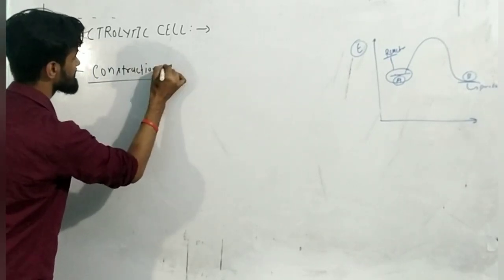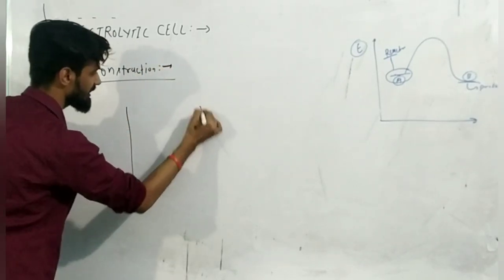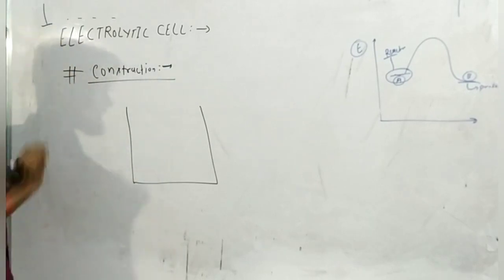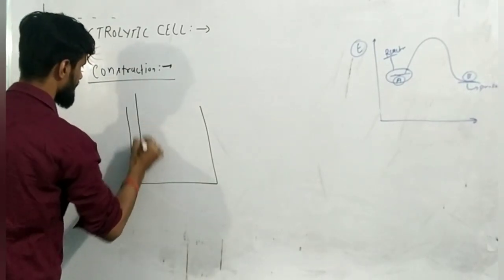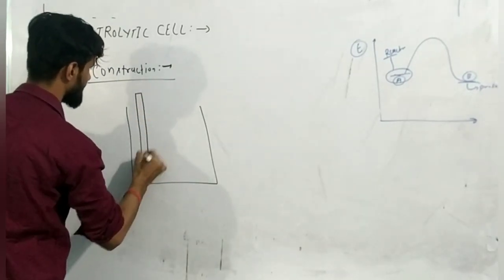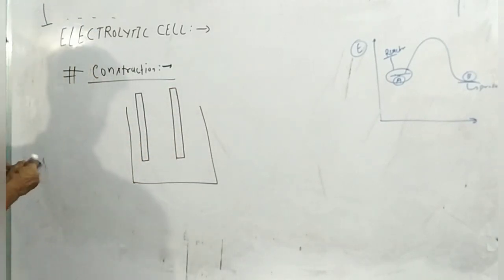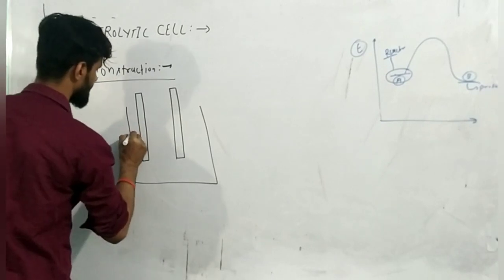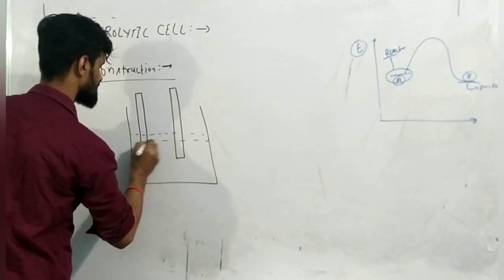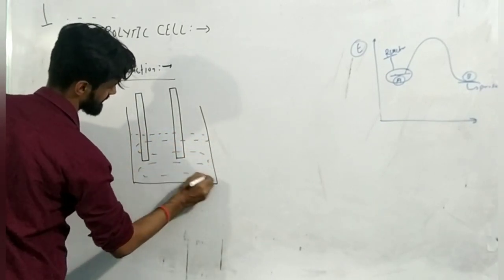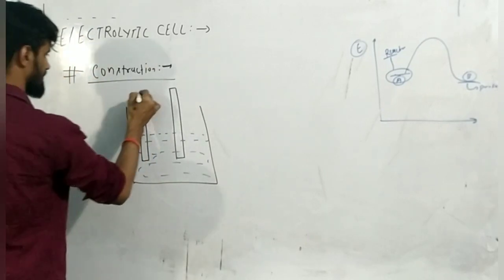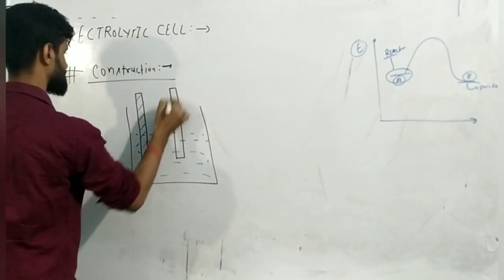If you think about the construction part, then definitely you have to take a beaker, this type of vessel, and you have to take 2 electrodes. Now you have to put in the electrolytic solution, and I will discuss the electrolytic solution later. This is the electrode.